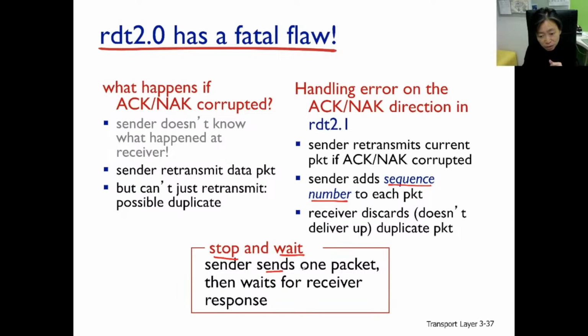So if the receiver, during the stop and wait state, receives two packets carrying the same sequence number, then that must be a duplicate due to a corrupted ACK, isn't it? So a sequence number in such a form of reliable data transfer is very simple. It needs only one bit, two numbers, 0 and 1, to tell a duplicate apart from a new packet.